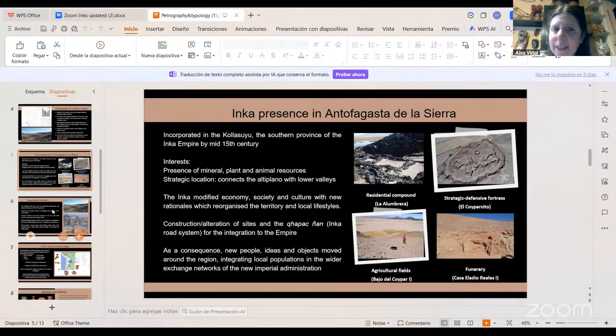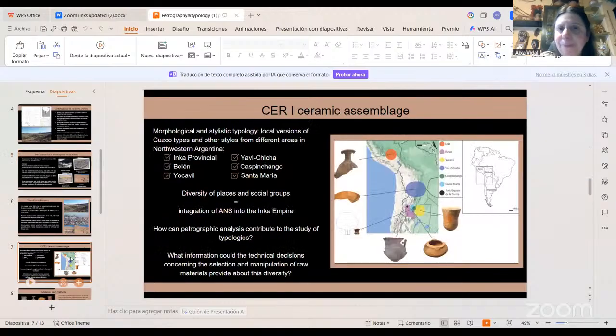As a consequence, new people, ideas, and objects moved around the region and integrated local populations of many different points, such as Antofagasta de la Sierra, in the wider exchange networks and the new imperial administration.